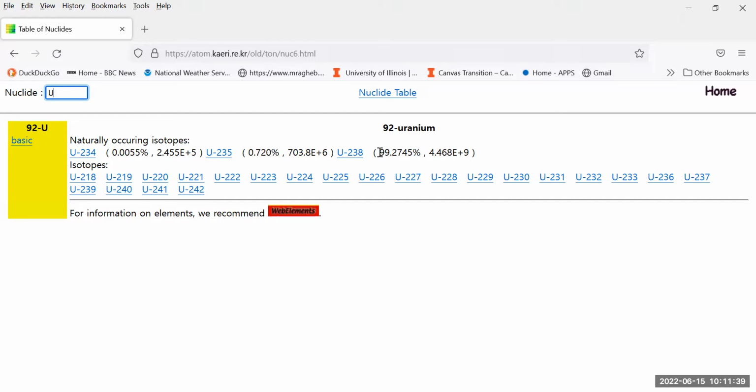You observe here that 99.2745% of uranium occurs as the isotope uranium-238. A very small amount, uranium-235, 0.72%, also occurs in nature, and an even smaller amount of uranium-234.